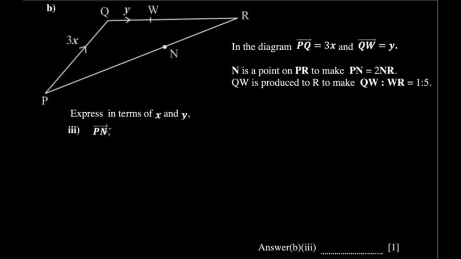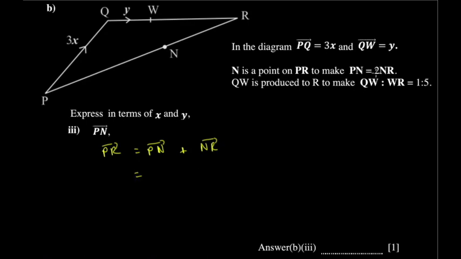Next part asks us to find PN. So we have PR, and we know that PR is equal to PN plus NR.